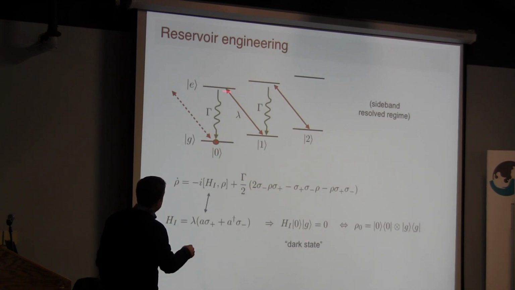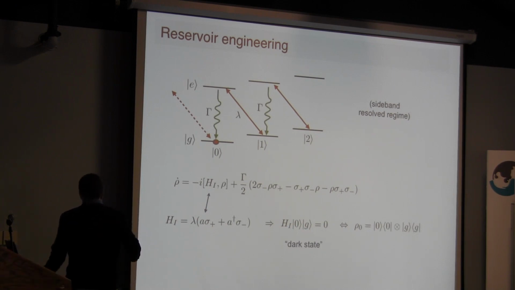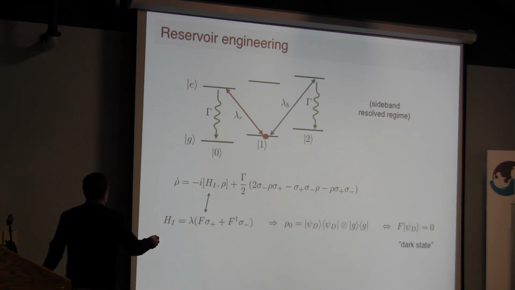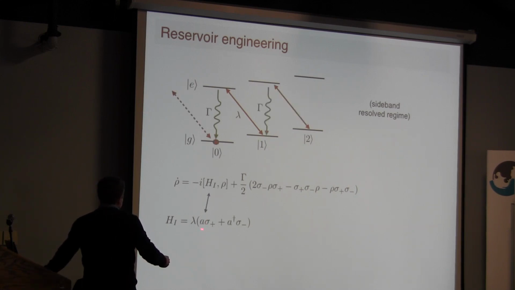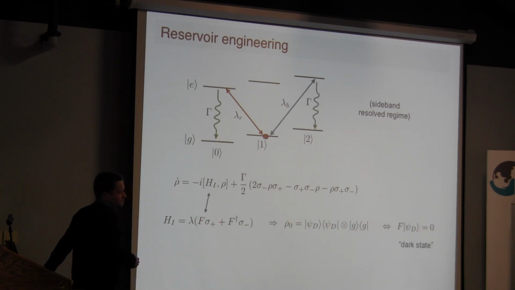And if I'm in another upper state here, I just decay. So from this simple argument, you see that this type of density operator is a steady state of this master equation, simply because 0 times g is a dark state of my Hamiltonian, which excites the system. So now you can generalize this argument, and suppose I don't have just this red sideband, this A operator here, but maybe I construct something which has some arbitrary operator over here.